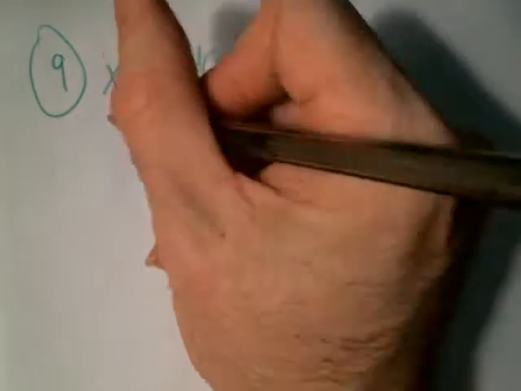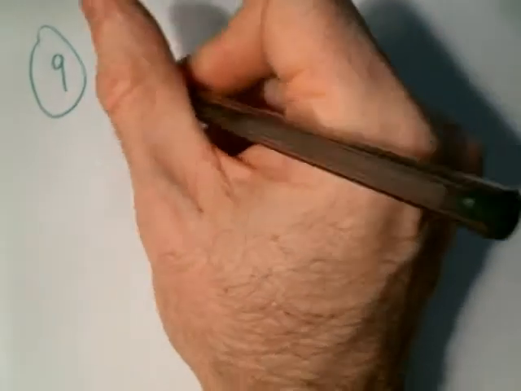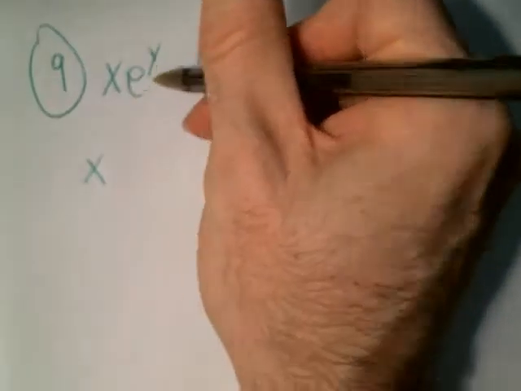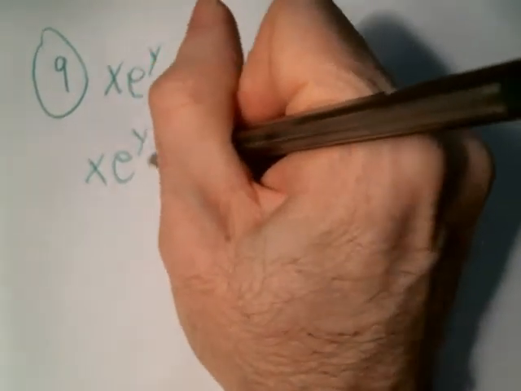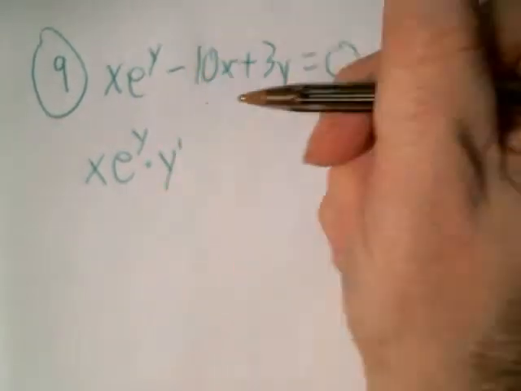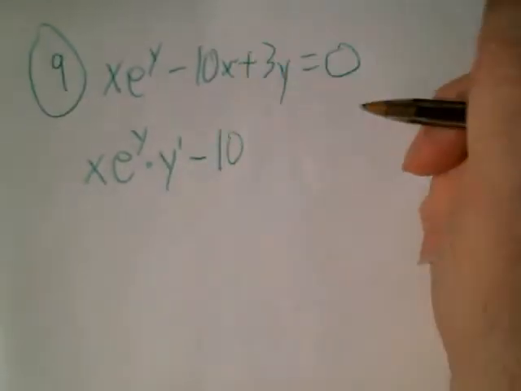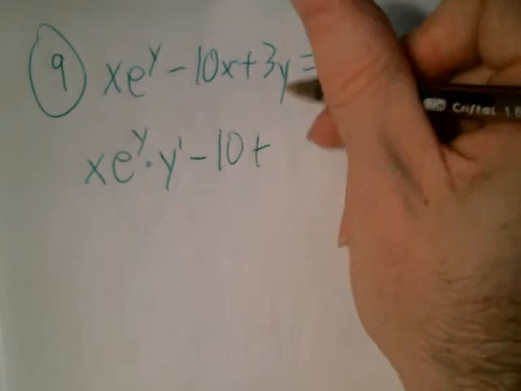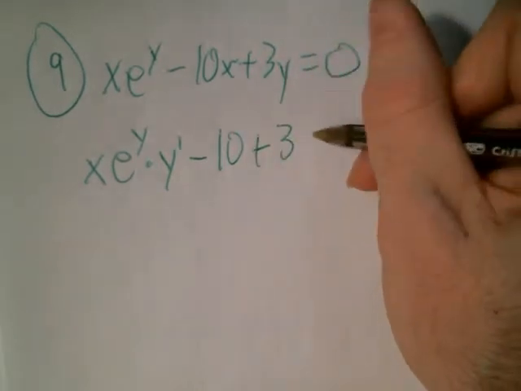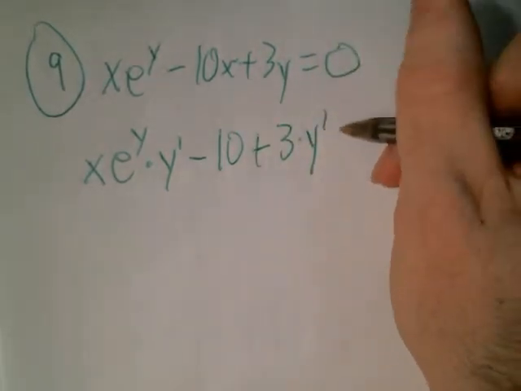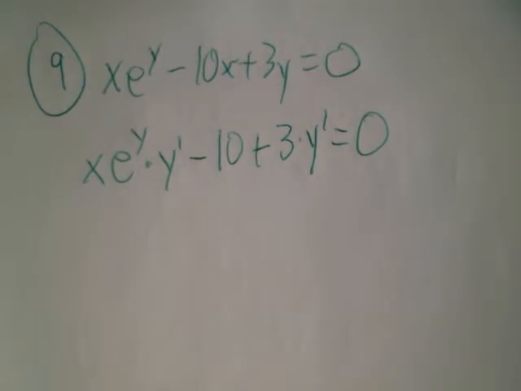I need a product rule. So I leave x alone, and then the derivative of e to the y is e to the y times the derivative of y, minus the derivative of 10x, which is 10, plus the derivative of 3y, which is 3 times the derivative of y. On the right-hand side, the derivative of 0 is just 0.